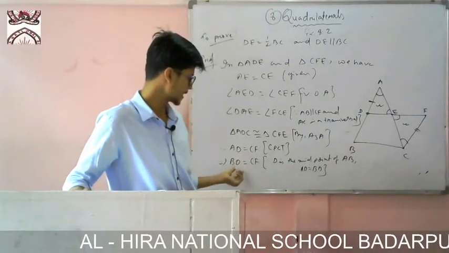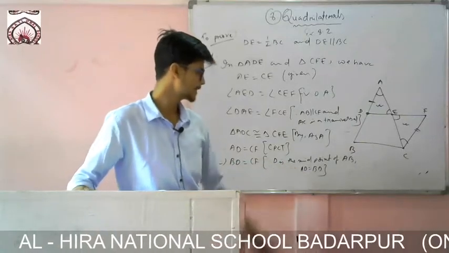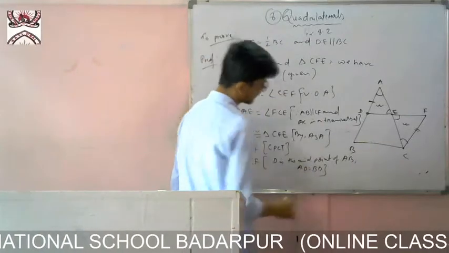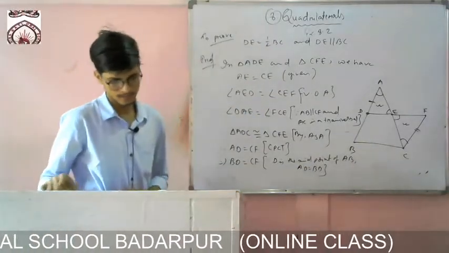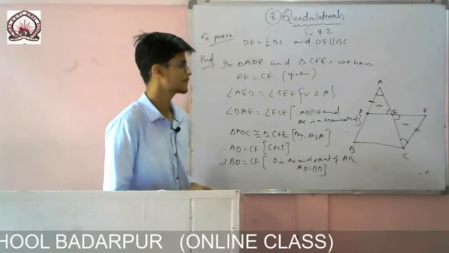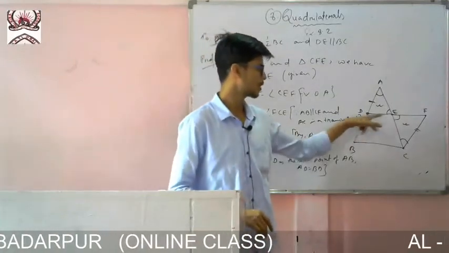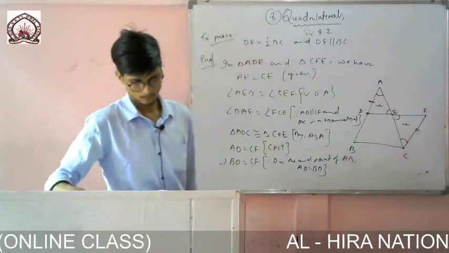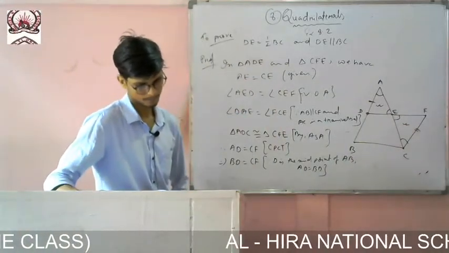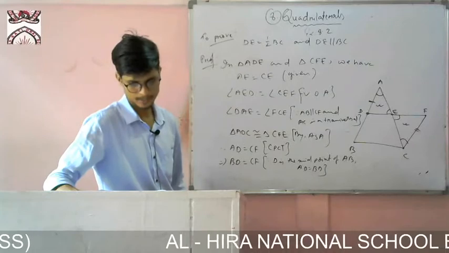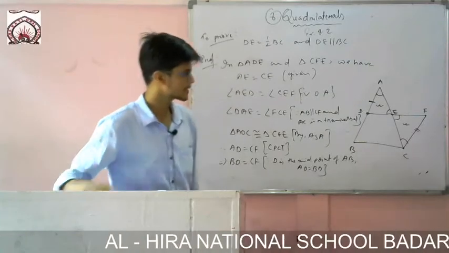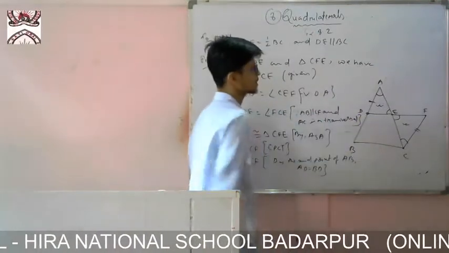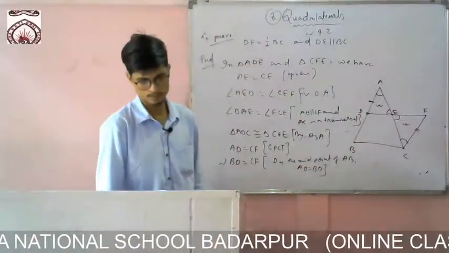In place of AD I am writing BD because AD and BD are the same, because D is the midpoint of the side AB. Okay, so if these two sides are equal, the opposite sides are equal and they are parallel also. BD is equal to CF.